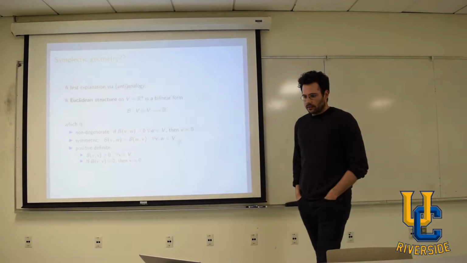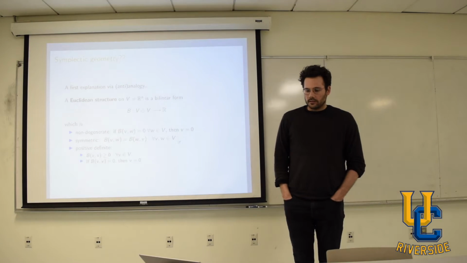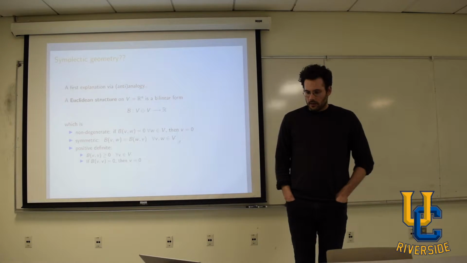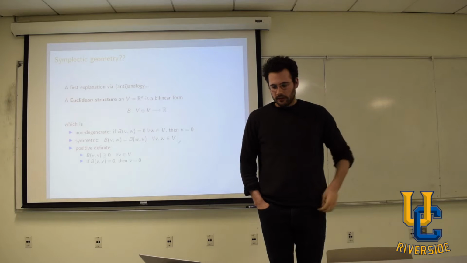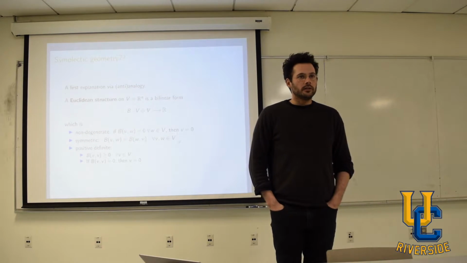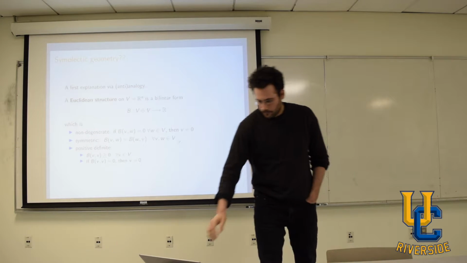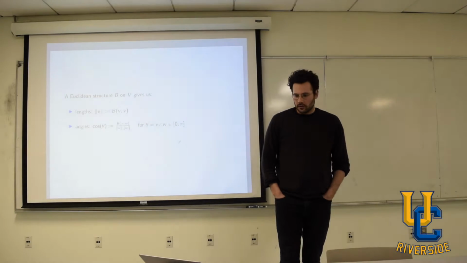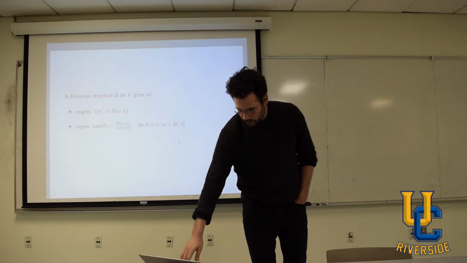One way to formalize Euclidean geometry is to say that we have a bilinear form on a vector space, and this is supposed to encode our notion of lengths and angles. We require that such a structure be non-degenerate, symmetric, and positive definite. The lengths and angles are then encoded by the formulas we're familiar with from elementary geometry.